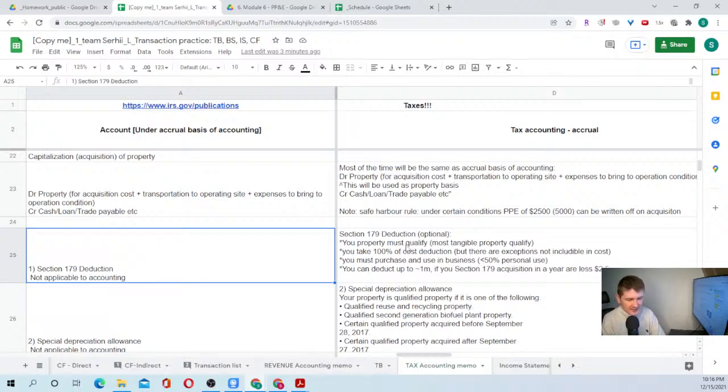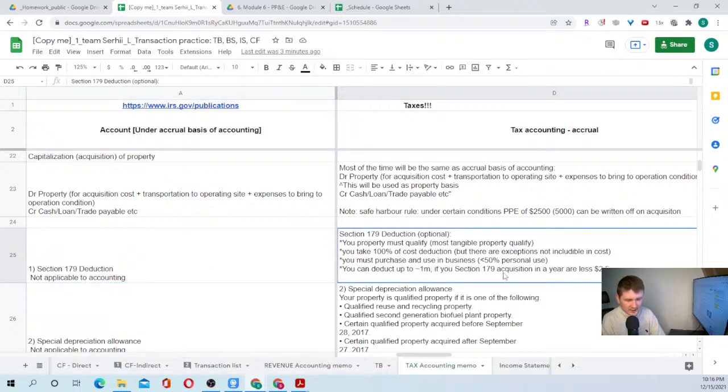But that's in case in a taxable year we acquired less than 2.5 million of tangible property, of section 179 property. That deduction is available to us under any circumstances, and it's optional. We can use it or we can skip it.